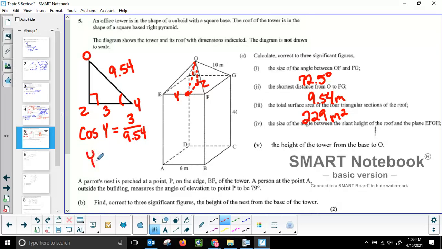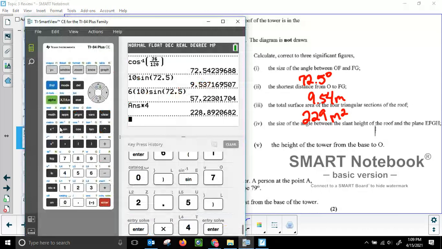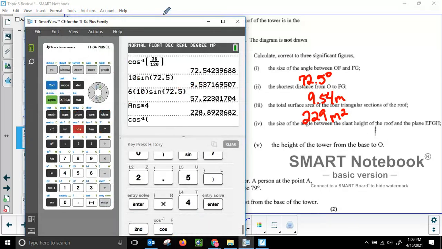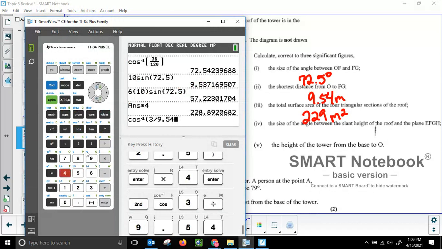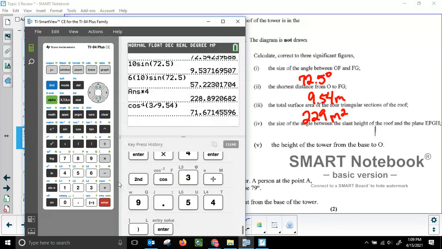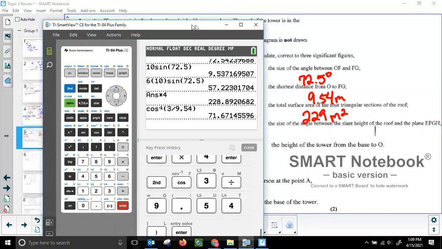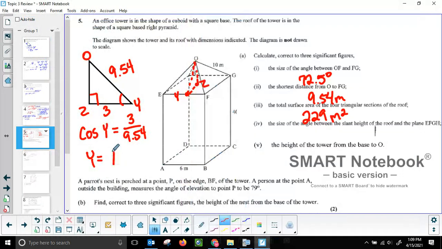So to find y, we just take the inverse cosine of all of that. So inverse cosine of 3 divided by 9.54. And we get 71.7 degrees, to 3 sig figs.